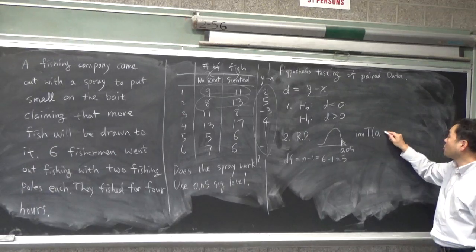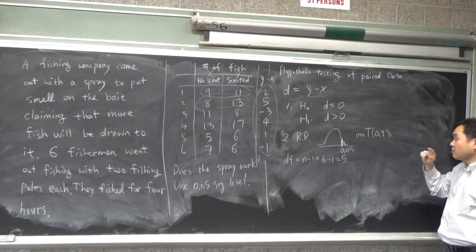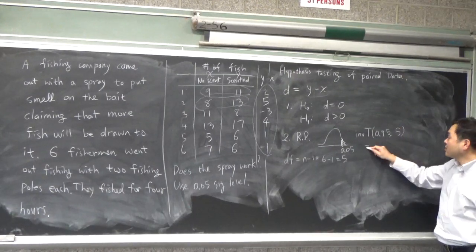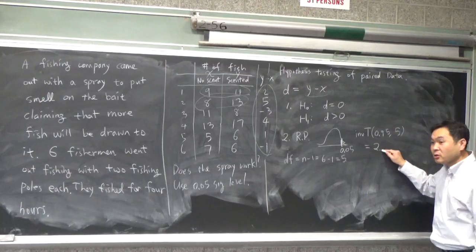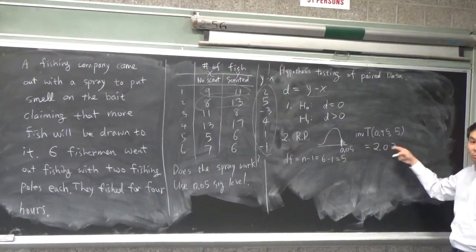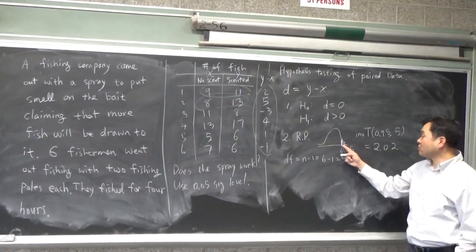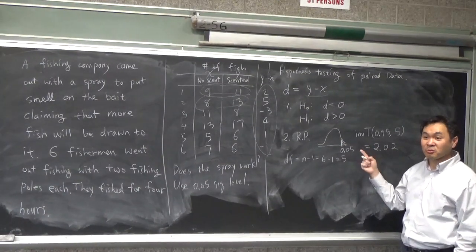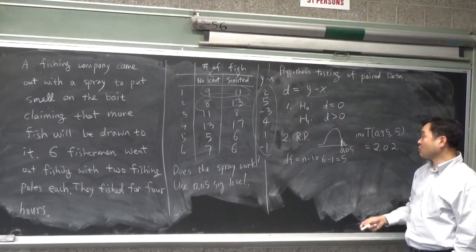Degrees of freedom is 5. So you put this in. Can you tell me what you get? 2.02. Okay, if you round to the nearest hundredths. So that's the rejection region. The value has to be bigger than 2.02 for us to conclude that we have something in the rejection region.